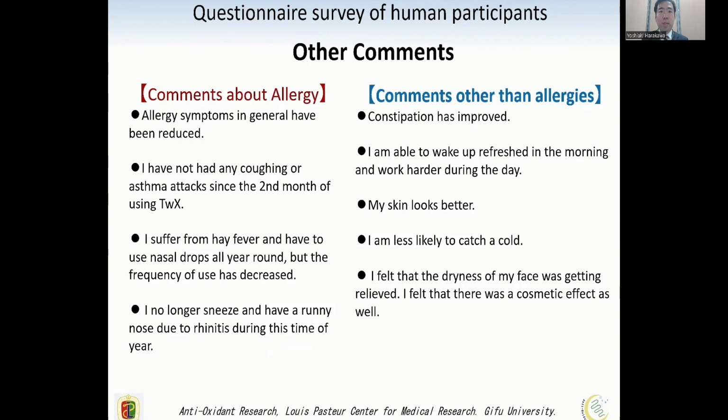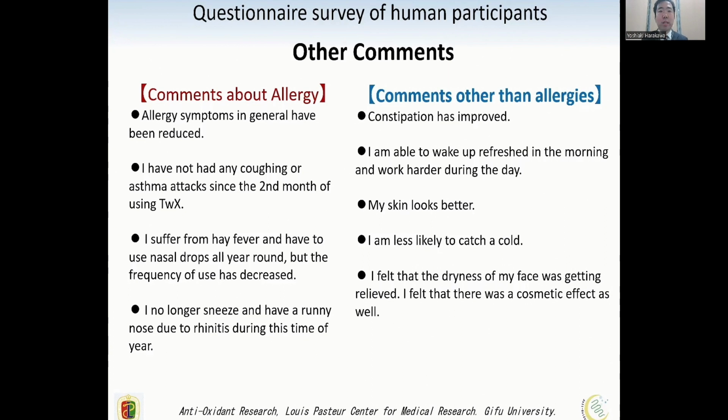Furthermore, participants were asked to freely list any other improvement they had experienced since taking 20X. Here is a part of the list. In addition to comments such as no asthma at all and less frequent use of nasal drops, there are also many comments reporting improvements such as reduced allergy symptoms in general, improved constipation, improved skin, fewer colds, and better mood.